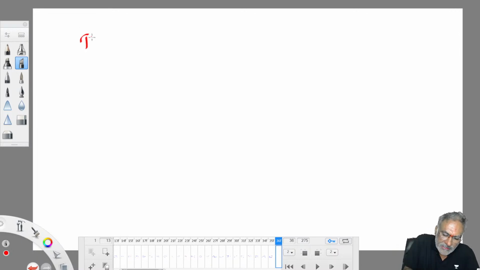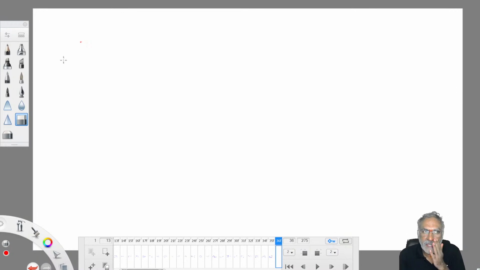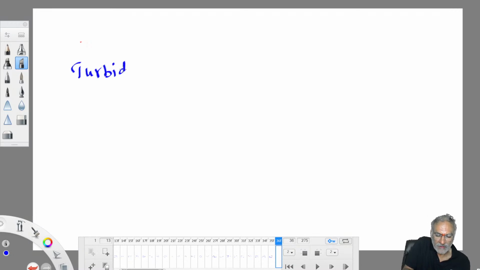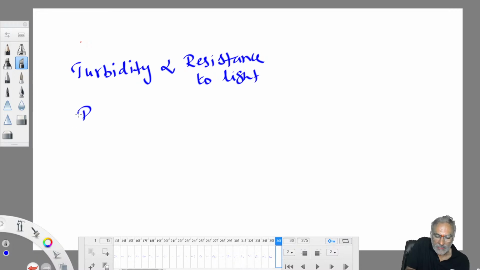So turbidity is directly proportional to resistance to light. And resistance to light is directly proportional to surface area of particles.